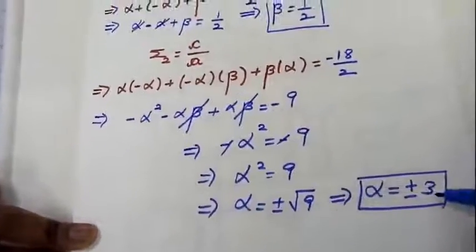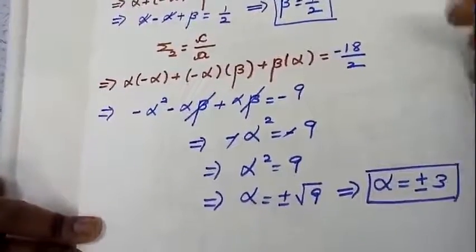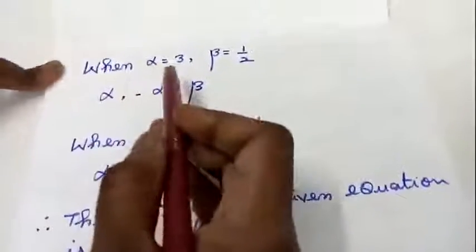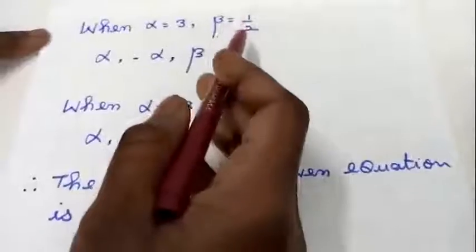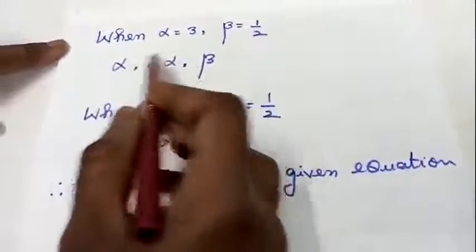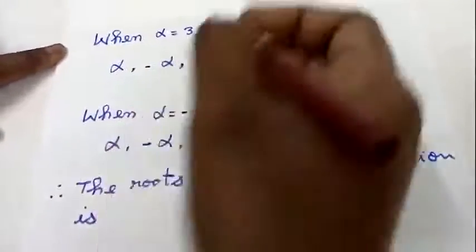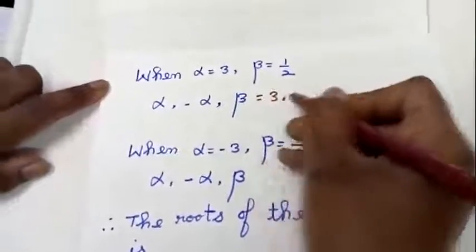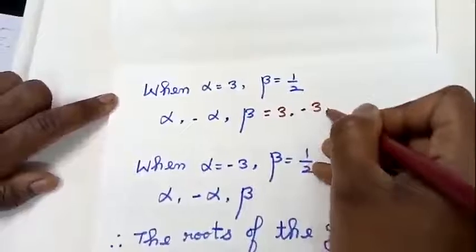So for alpha I am getting the value plus or minus 3 and for beta the value 1 by 2. When alpha equals 3 and beta equals 1 by 2, I substitute in alpha, minus alpha, beta. The roots are 3, minus 3, 1 by 2.